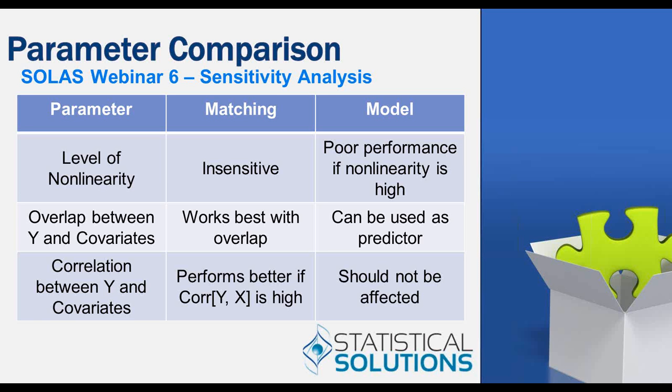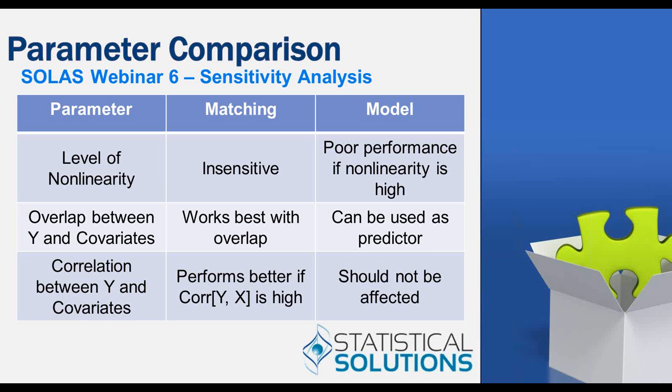There's not just one approach to imputation, but that's why we believe in Solus, seeing as there are multiple approaches across both matching and model-based, that we can cover a lot of the scenarios that pop up, and there's always a go-to method in Solus that you can use when applying multiple imputation.